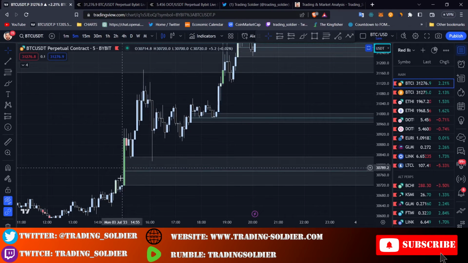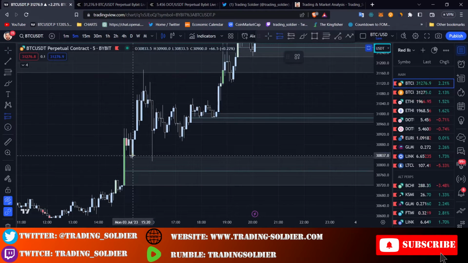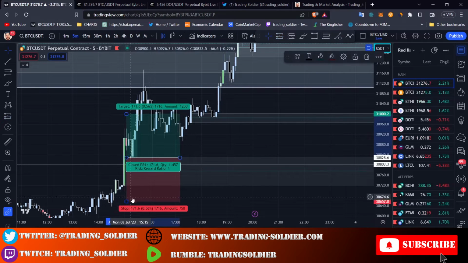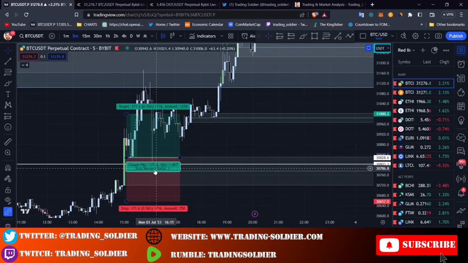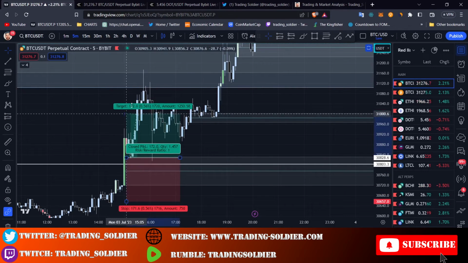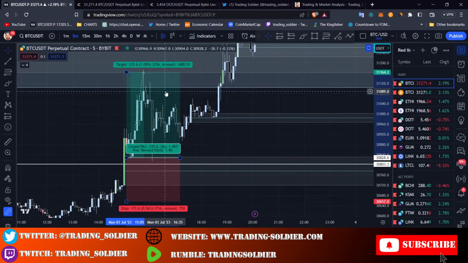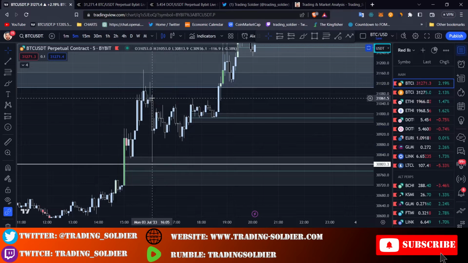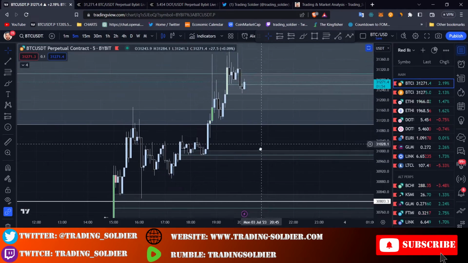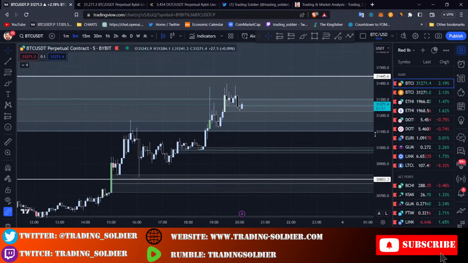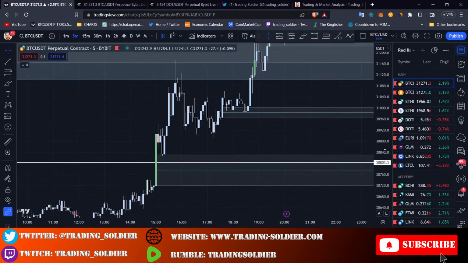So if you miss this entry, you can re-enter your long position here, with your stop loss protected by the order block, and then the price reverses. Then the price action revisits the order block again, doesn't pierce it, and reverses to the upside. This is one example on the 5-minute chart of a bullish order block.